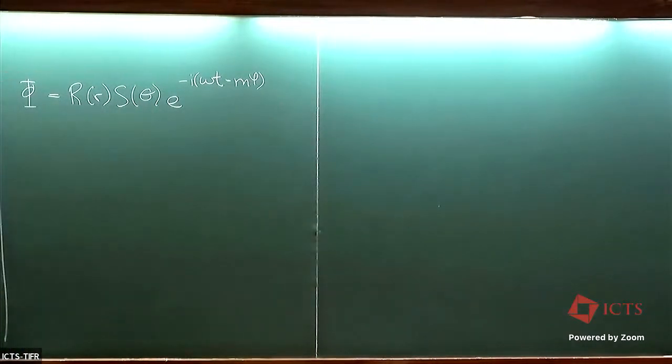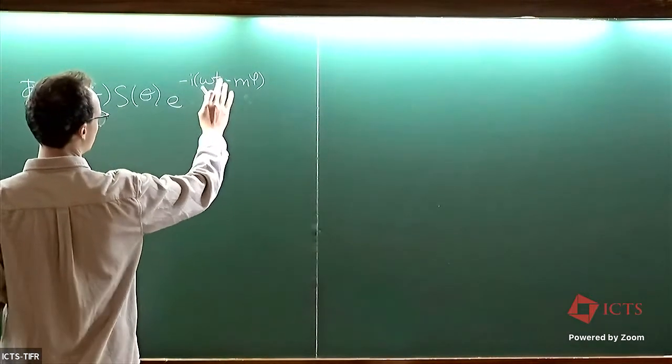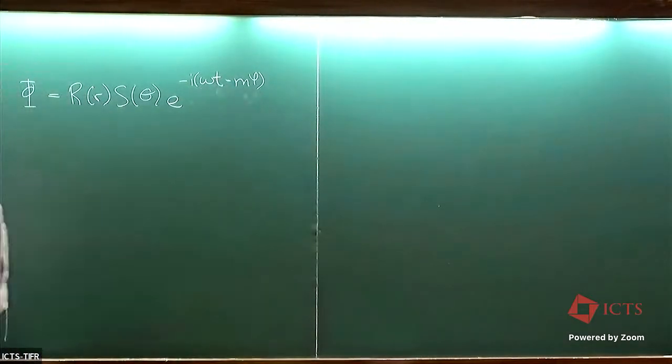So here you're basically just assuming you have some exponential form of the t and the phi dependence. This makes sense because you want Phi to be an eigenfunction of the second order in time or second order in phi.